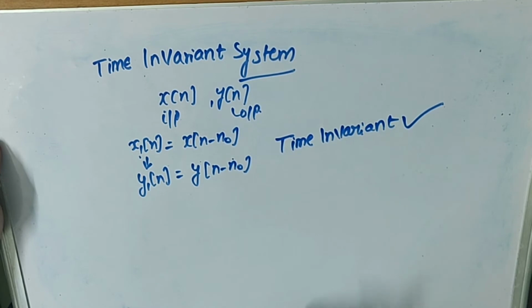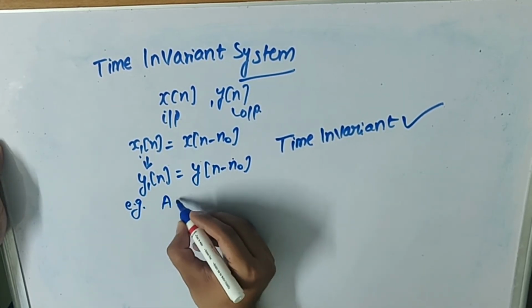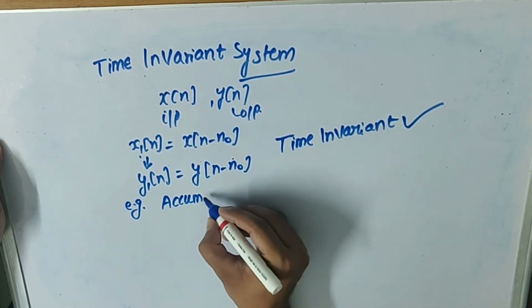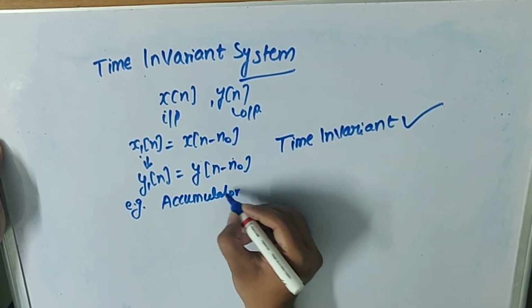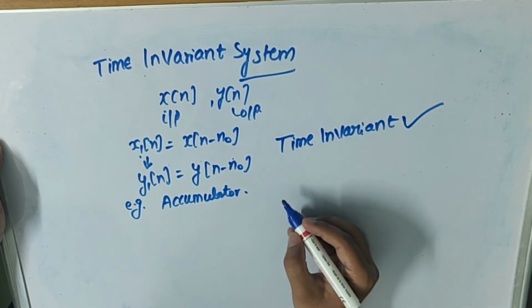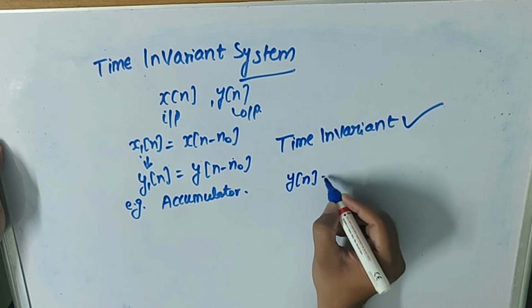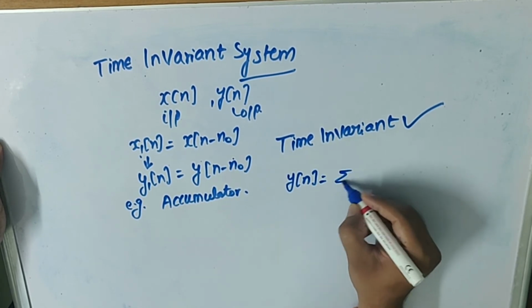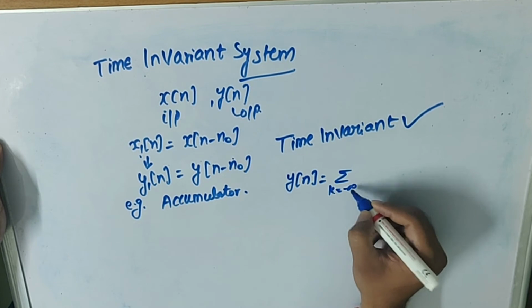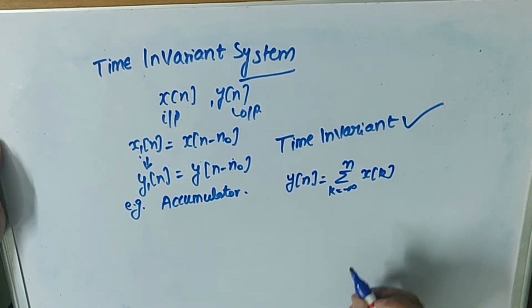As an example, let's take again the accumulator system. What was the expression? y[n] is equal to summation k equals minus infinity to n of x[k].